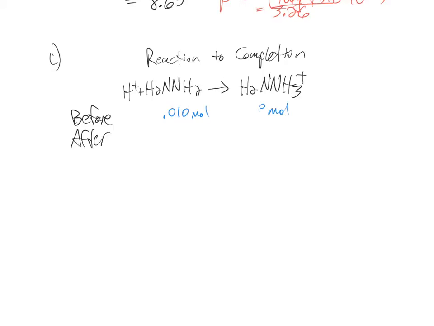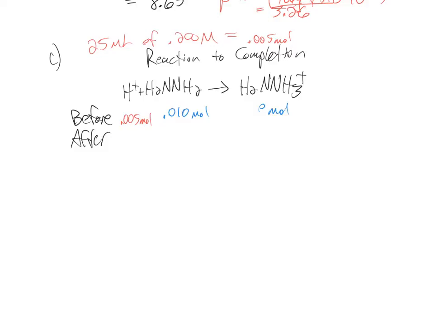The thing that will change is the number of moles of hydrogen. At this point, we've added 25 milliliters, and the concentration of the nitric acid was 0.2 molar. So if we take 0.025 liters times 0.2 molar, we get 0.005 moles. That's the initial number of moles of the hydrogen.